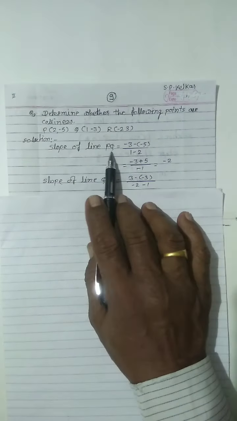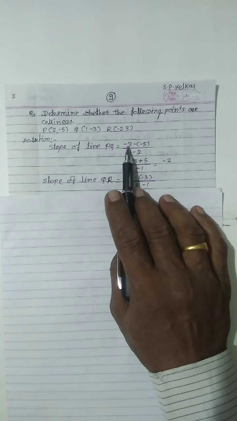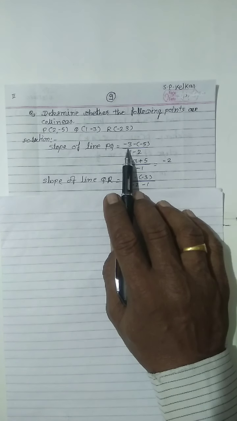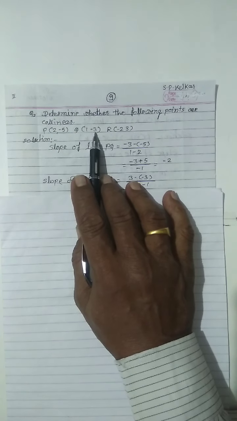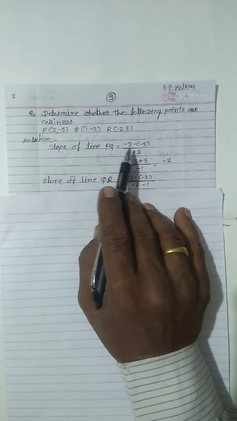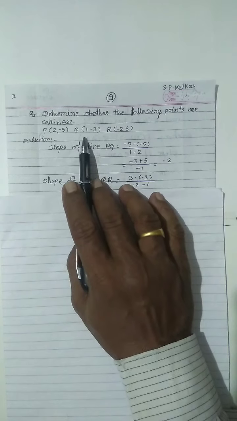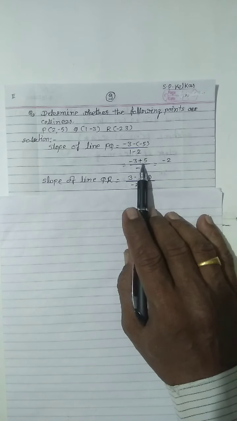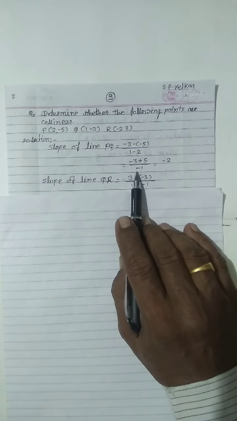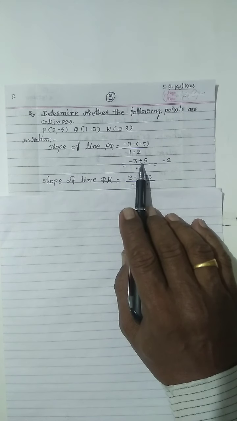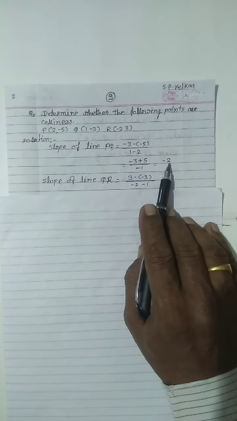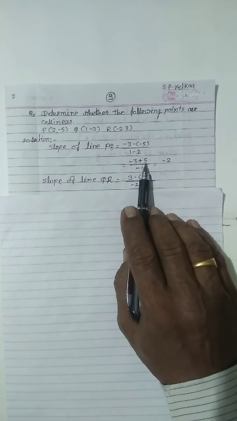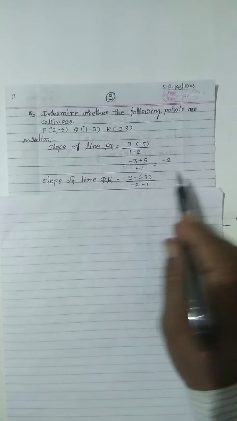So for the slope of line PQ, we write the formula y2 minus y1 divided by x2 minus x1. Now put the values here. y2 is minus 3 and y1 is minus 5. So minus 3 minus minus 5, that is minus 3 plus 5, divided by 1 minus 2. 1 minus 2 is minus 1, and minus 3 plus 5 is 2, divided by minus 1.